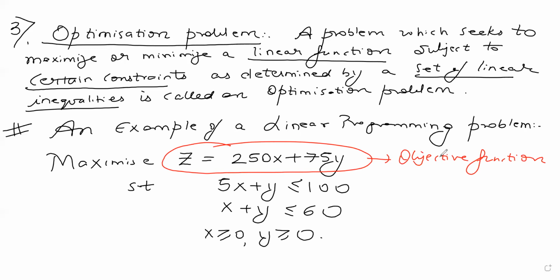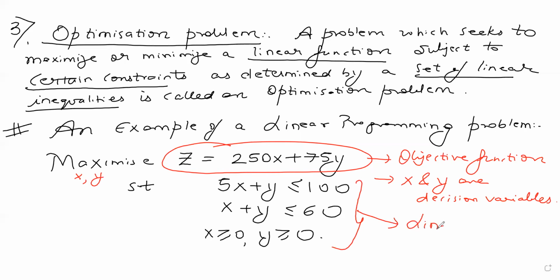What are my decision variables? x and y are the decision variables. So whatever decision variables are there, usually I write them below maximize. I need to maximize with respect to x and y. Okay. So these are my decision variables, and these three equations are my linear inequalities.